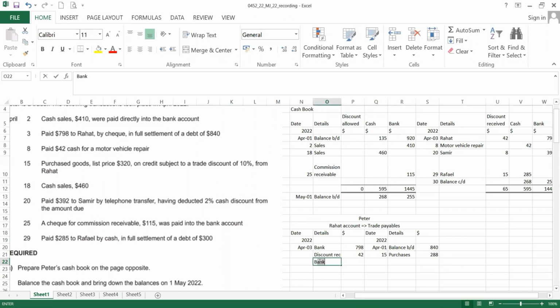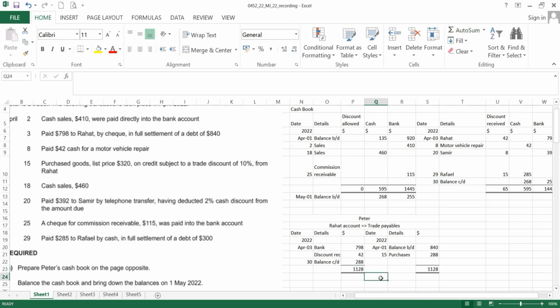So now we can calculate the balance carried down, which is on the last day, the 30th. So find the amount first. Take the credit minus the debit. So we get 288.